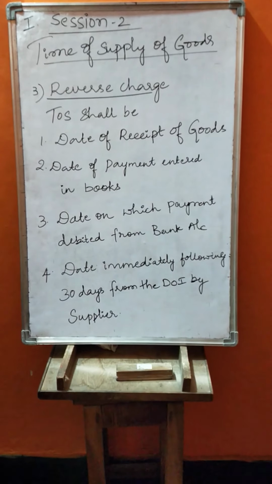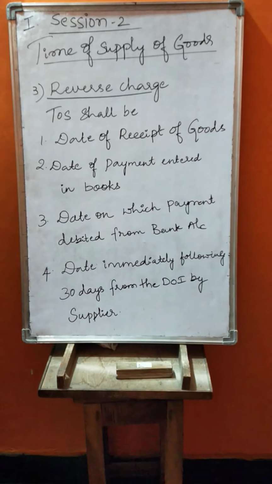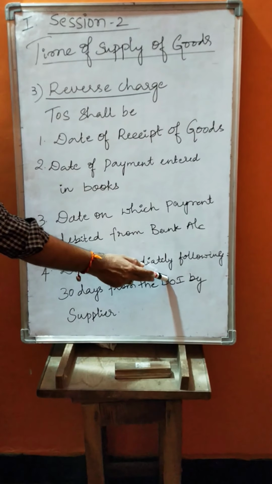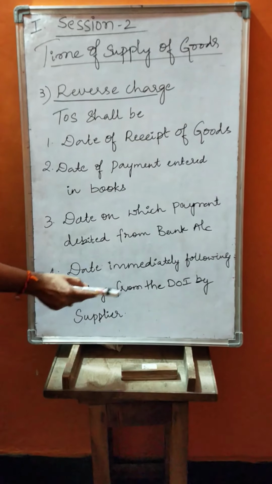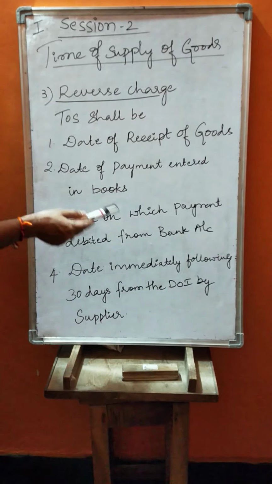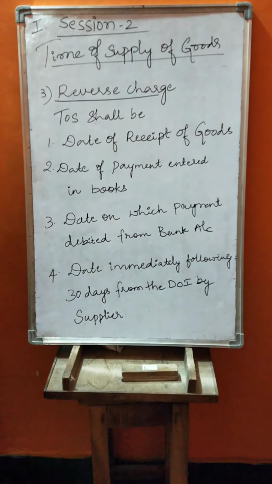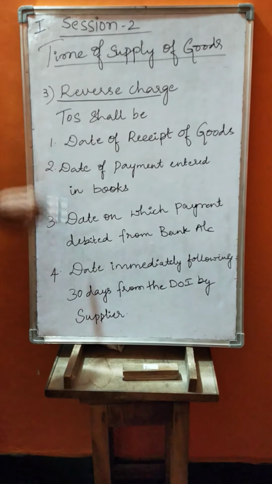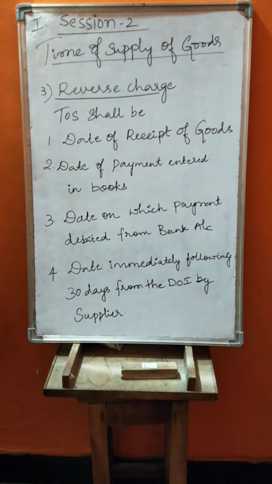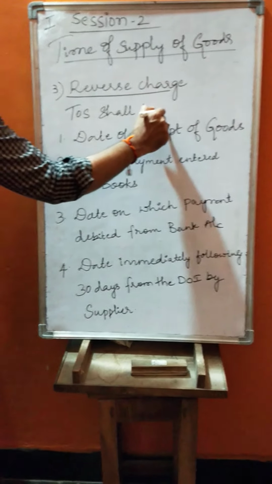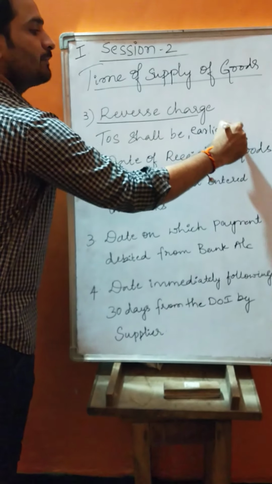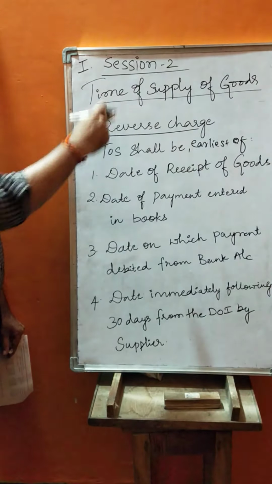And next, date immediately following 30 days from the date of invoice. So from the date of issue of invoice, you need to count 30 days. Of these 4 dates, whichever comes earlier, that shall be the time of supply.